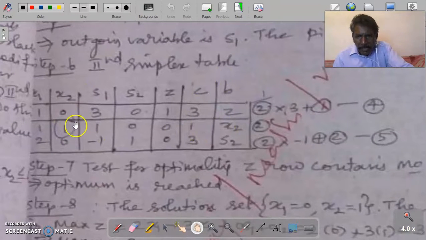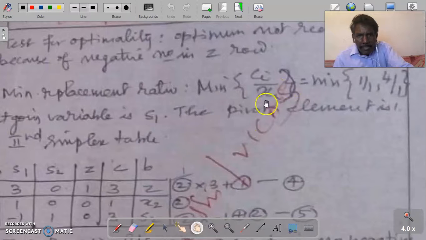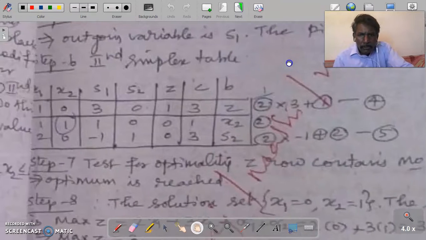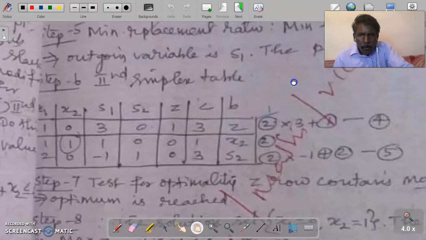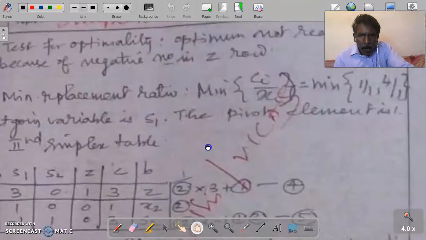So this divided by this. That's the minimum replacement ratio. We have to find among 1 divided by 1 and 3 divided by 0.